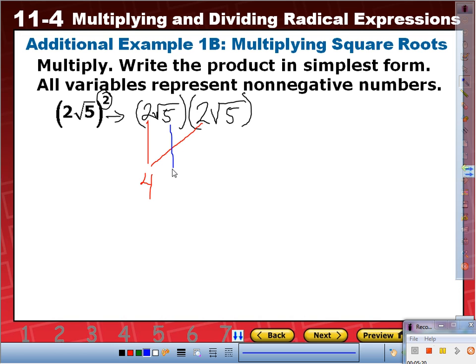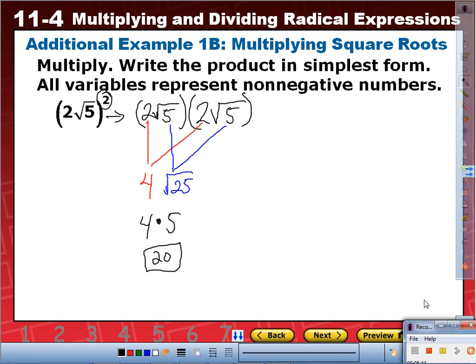So radical 5 and radical 5. What is 5 times 5? Square root of 25. So once again, what operation is it between the number and the radical? Multiplication. So I bring down the 4. What is square root of 25? 5. So this is 20. Copy that.